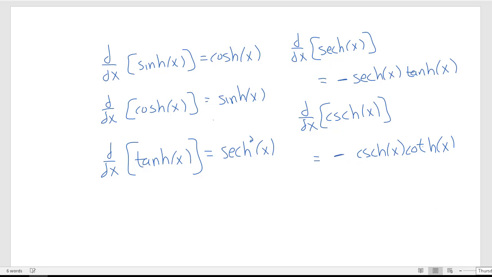And then the derivative of hyperbolic cotangent, oops, I need my x, is going to be negative hyperbolic cosecant squared. Okay, so we have some similarities and slight differences between the regular trig functions and the hyperbolics.